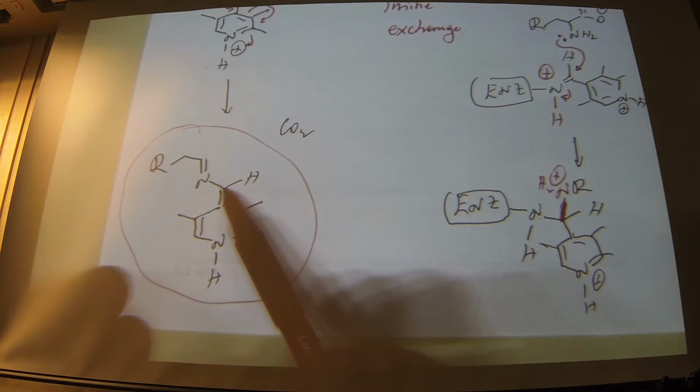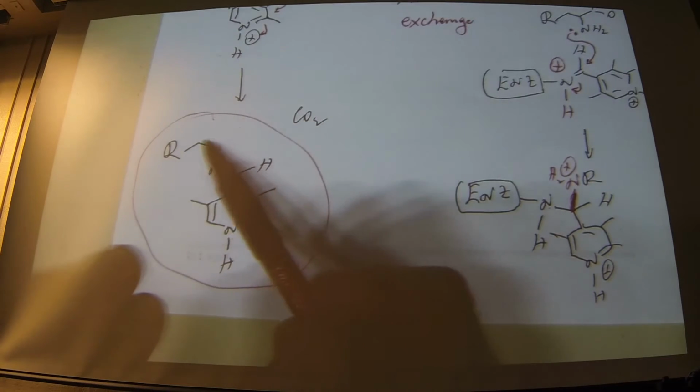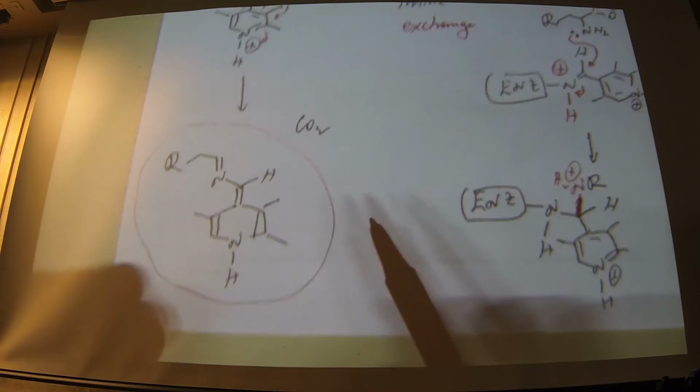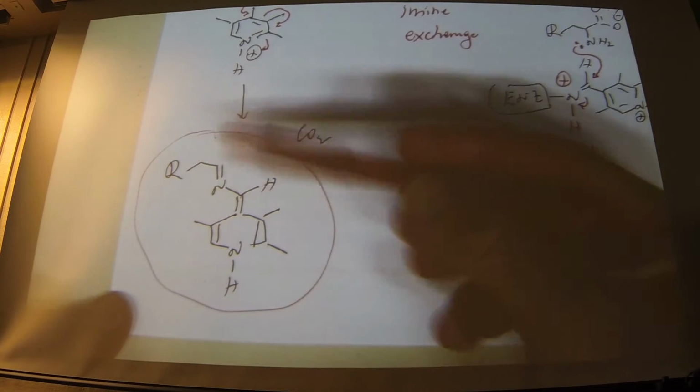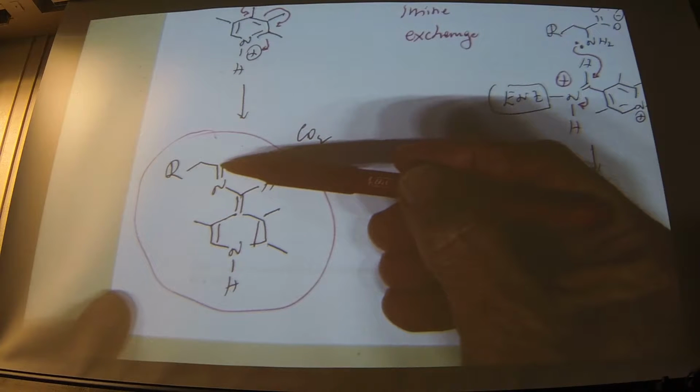So remember that this whole piece has to regenerate pyridoxal phosphate, so it has to generate this thing, but it also has to generate an amine here. And so that's kind of weird, isn't it? Because look, this carbon atom is oxidized, right? This is an aldehyde equivalent.